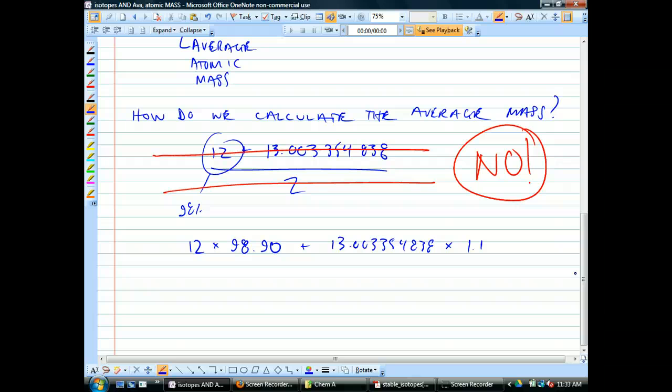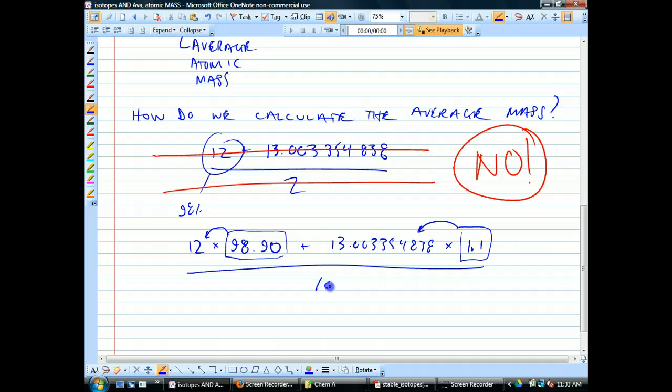What am I really doing? I'm saying there's this many atoms out of 100. In other words, for every 100 atoms, 98.9 have a mass of 12. For every 100 atoms, 1.1 have a mass of 13. So I need to divide this whole thing by 100.